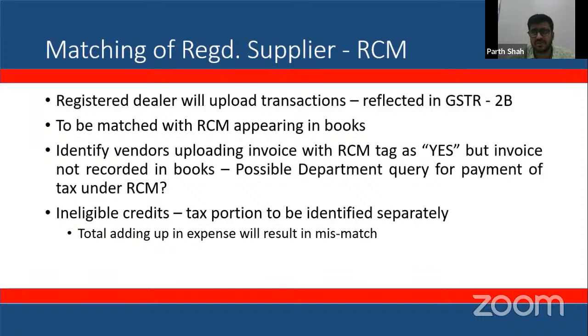But please make sure that if there are any transactions from a registered supplier where the tax is required to be paid under reverse charge mechanism, those have been reconciled with the ones appearing in GSTR2B and the books, and no such entry is missed out where RCM is required to be paid by the recipient.